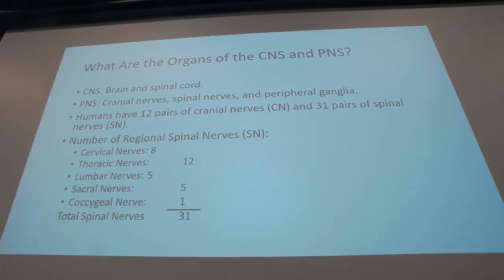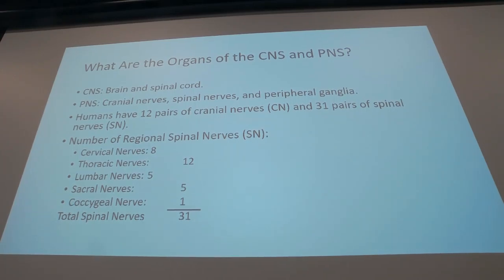We have 8 cervical nerves. We have 12 thoracic nerves. We have 5 lumbar nerves, 5 sacral, and 1 coccygeal. 8 plus 12, 20, plus 5, 25, plus 5, 30, plus 1, 31. So we have 31 total spinal nerves.